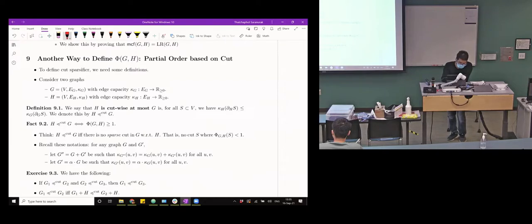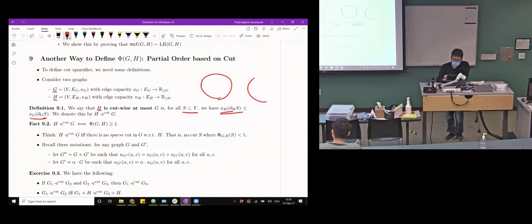Again, let's say that you have graphs H and G that are capacitated graphs, and I will say that H is cutwise at most G if for every cut in the graph, the cut size, the total capacity or the weight of the cut in H, is at most the weight of the same cut in G. So you have two graphs H and G, and look at any set S, then the cut size in H is less than the cut size in G. This thing is smaller than this thing.